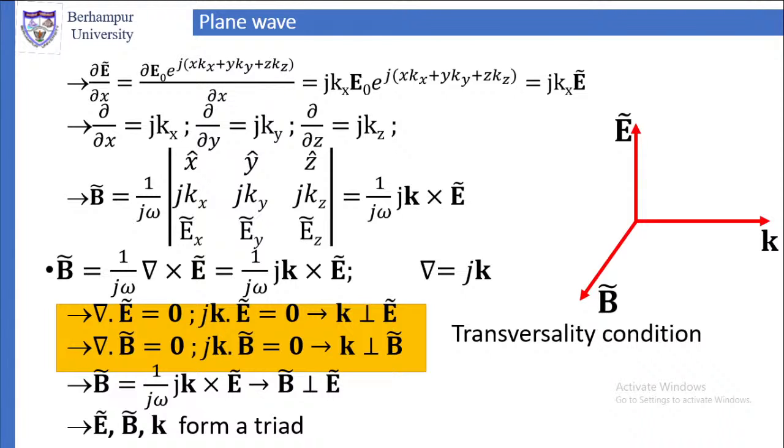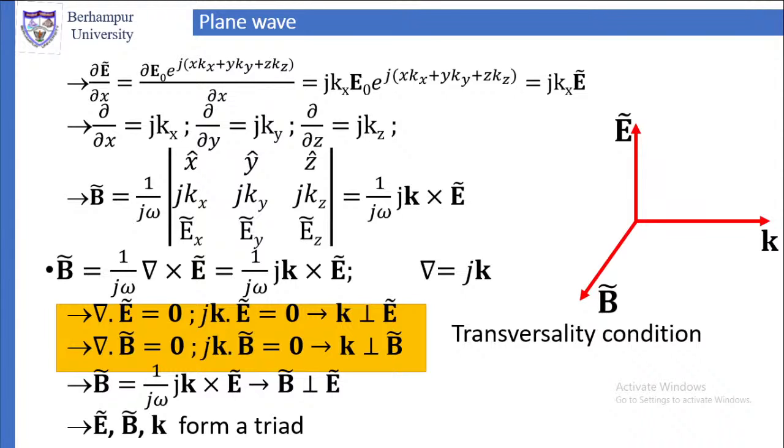Also B tilde will be perpendicular to E tilde, or B tilde is orthogonal to E tilde. So B tilde and E tilde are in one plane. They are orthogonal to each other, and that plane is transverse to the direction of propagation k. Therefore k, E tilde and B tilde form a triad.